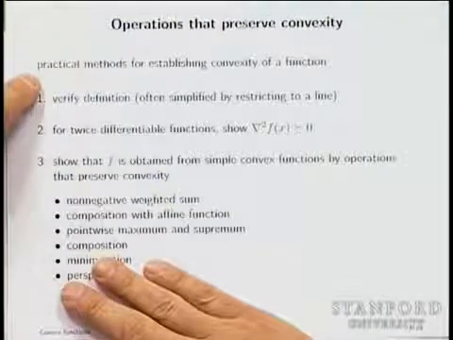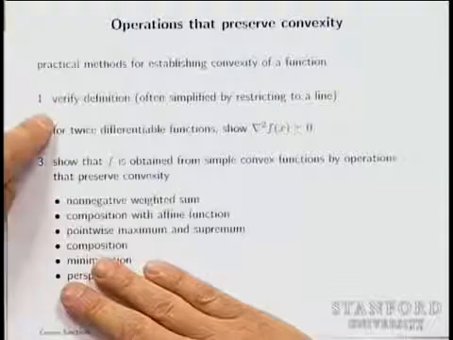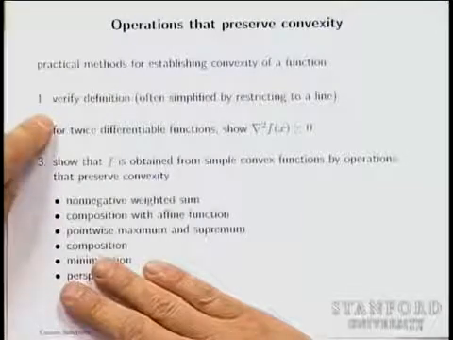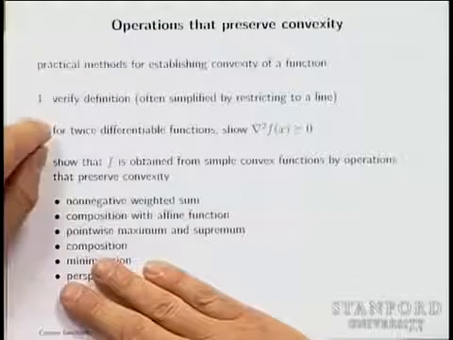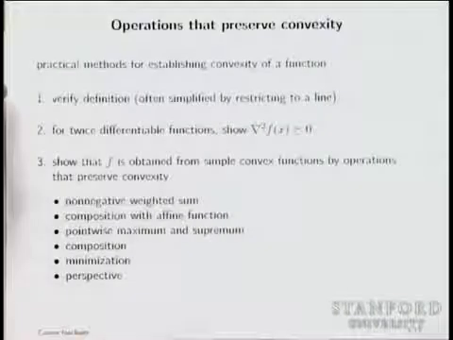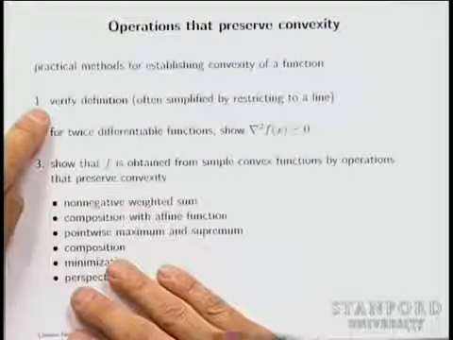In very rare cases, you will be forced to do this by hand. By hand means you whip out your theta between 0 and 1, two arbitrary points, and try to argue this inequality. That's going to occur occasionally.